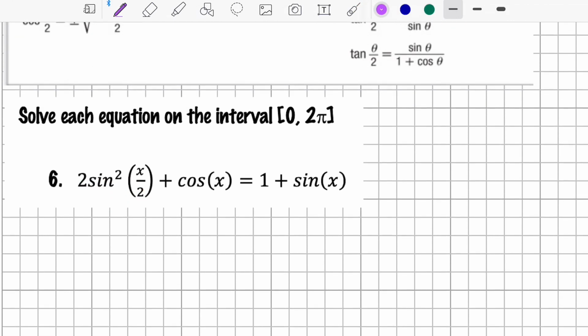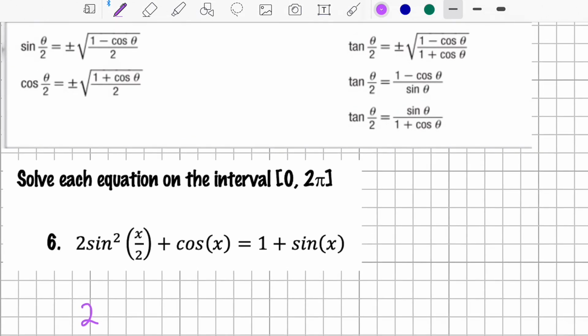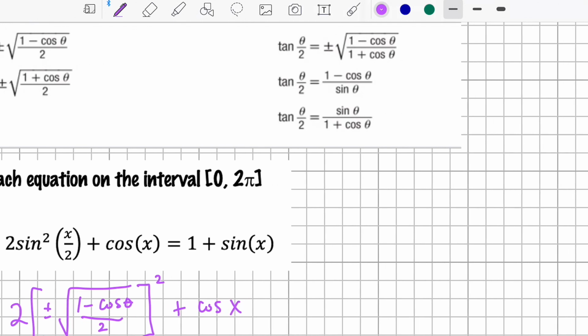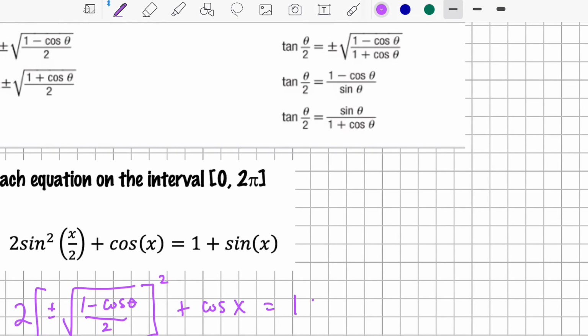So it'll look like this. 2, and then the half angle identity tells me that I'm going to rewrite it as plus or minus square root of 1 minus cosine theta over 2, all of that squared, plus cosine x equals 1 plus sine x.